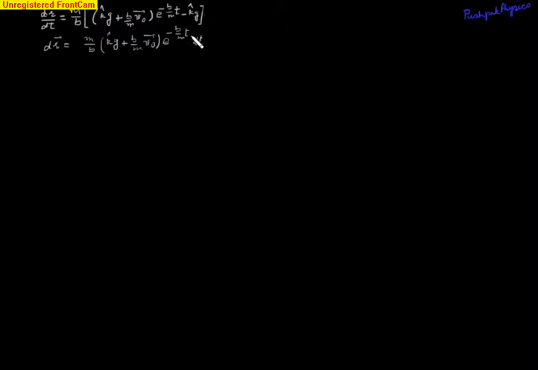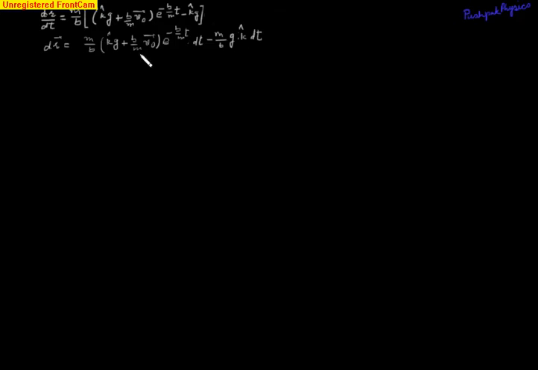Minus m over b into g along k direction dt. So this is what we get.